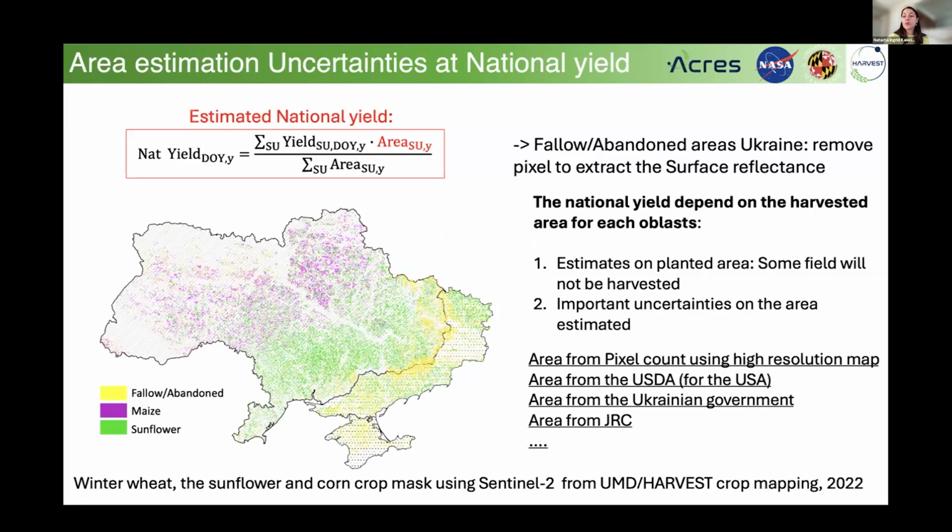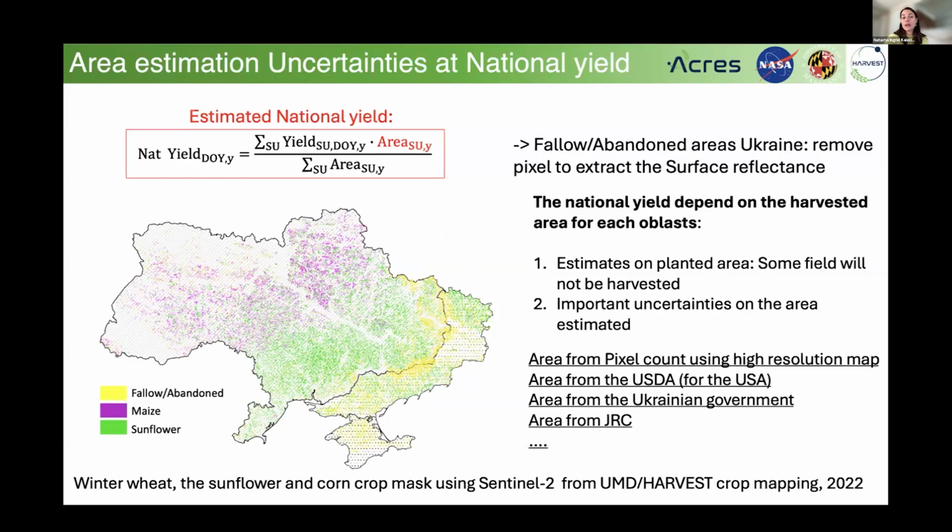But in operational mode, we don't necessarily have this planted area for each oblast, because there is no official dataset, or it's not yet released, or, in the case of Ukraine, because of the war. So we cannot necessarily get the planted area for every oblast.